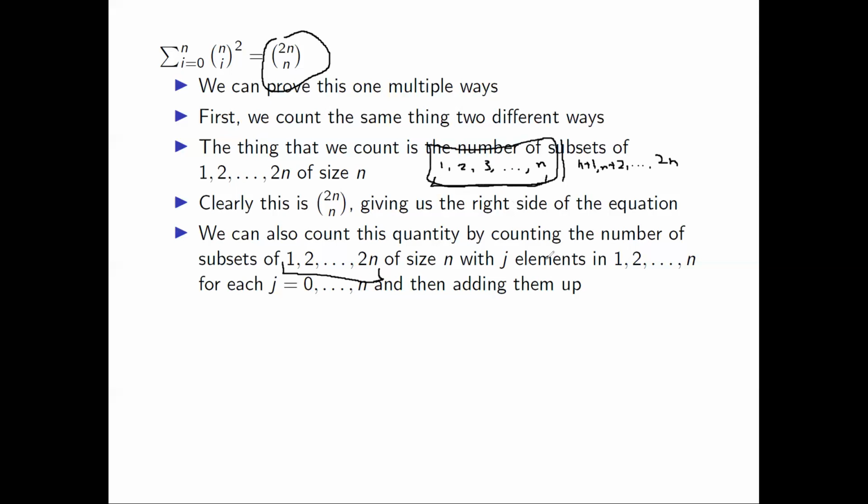So the number of elements that a subset of size n of 1, 2, up to 2n can have in 1, 2, up to n is anything between 0 and n. So that's why we're breaking it into these cases, a total of n plus 1 cases. And if we can count each of those cases separately, we can just add them up. So that's how we're going to try to get the left side, by showing that that sum is equal to the sum of these cases.